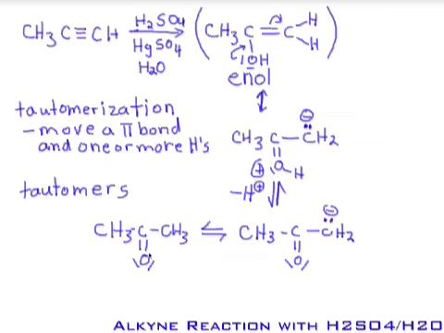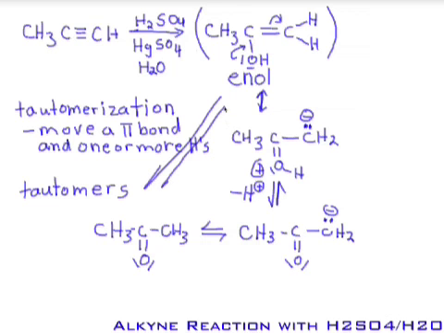So all alkynes, when reacted with H2SO4, mercuric sulfate, and H2O, add to give you a ketone. The enol is only a short-lived intermediate. Now there is an equilibrium between the enol and the ketone. There's always a trace concentration of enol in solution with the ketone. And these two are in equilibrium.